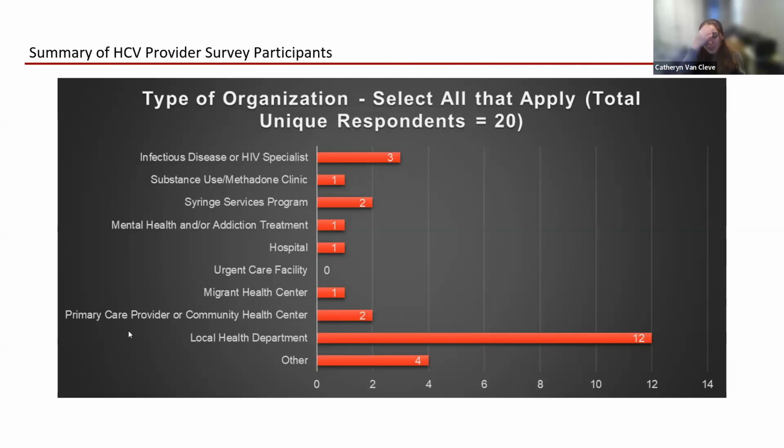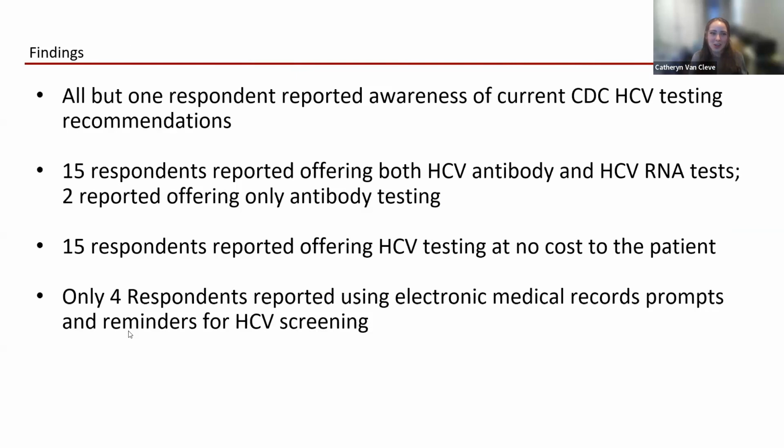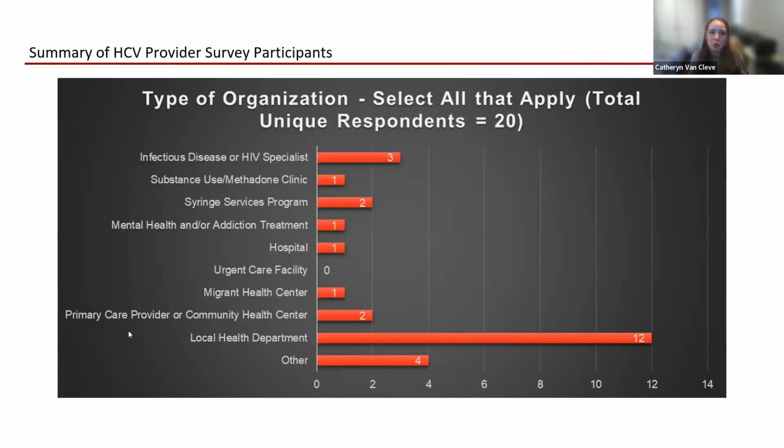This was a select all that apply, so some organizations identified in multiple categories, but we were not able to reach the population that we were really hoping to get feedback from. And that's just something that we couldn't really control. We did our best to reach them, but we knew when we did that Word document, it's not only really labor intensive for us to then process those results, try and document them, and move them over into an Excel format.